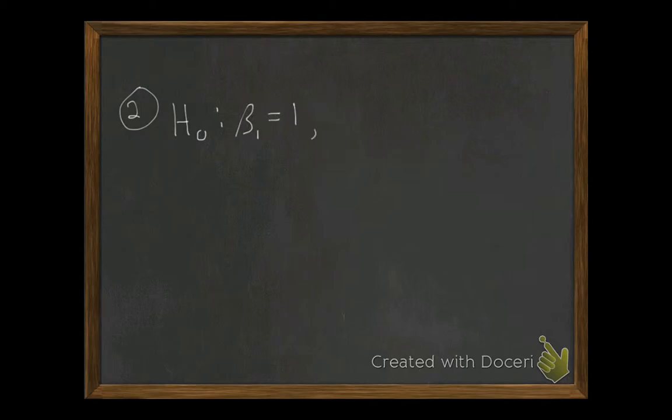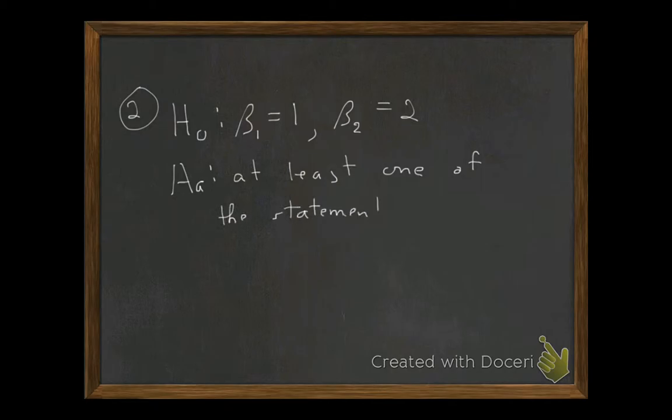Okay. Another situation that we could run into, let's say we want to test that beta 1 is equal to some number and beta 2 is equal to some number. Let's say 1 and 2. Well, the alternative, as you should know by now, is that at least one of the statements in H sub 0 is not true.